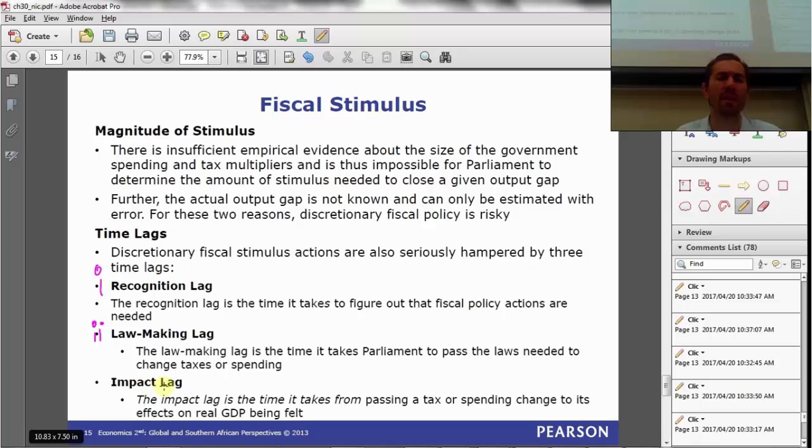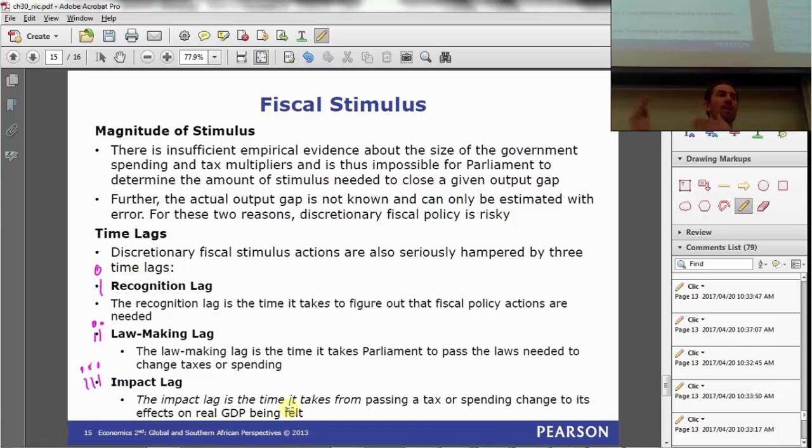And then you have an impact lag. So not only do you need to know that there's a problem, then you need to get everyone to agree on what measures need to be done in order to address the problem. It then takes time after you've started addressing the problem for the problem actually to be addressed, right? So there's an impact lag. The impact lag is the time it takes from passing a tax or spending change to its actual effects on real GDP.